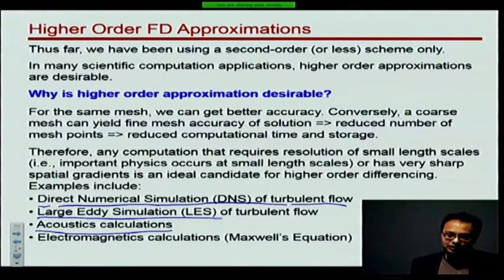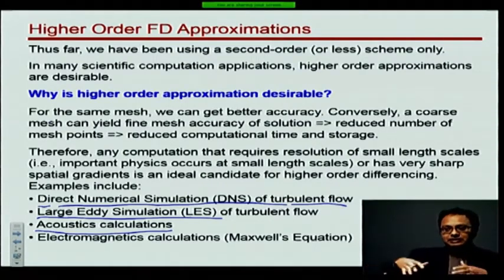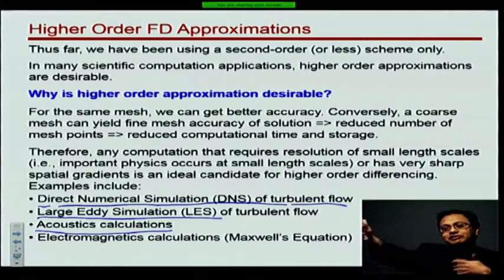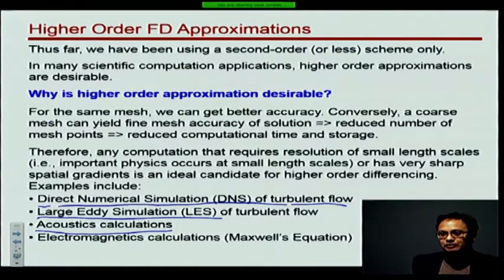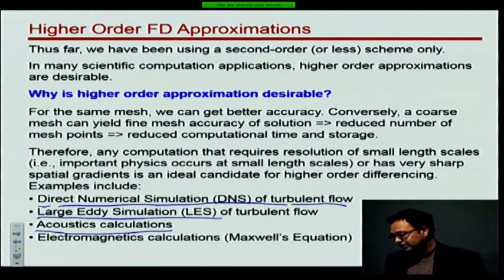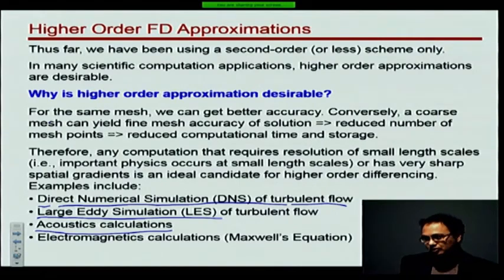If you don't, then a sound wave which is propagating through the medium essentially gets all fuzzy, and it doesn't even reach where it's supposed to. So you have to use very high order schemes to control numerical diffusion and numerical dispersion. All right, and again, typically sixth order, fifth order compact differencing schemes are used in this case.